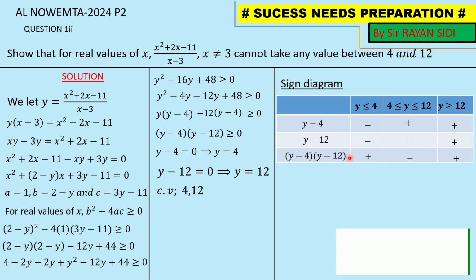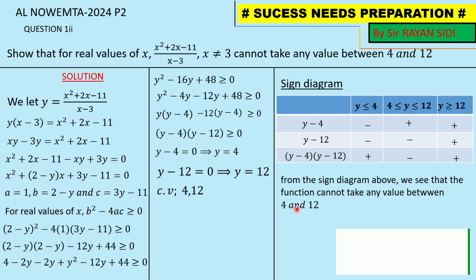So from our sign diagram, the function cannot take values between 4 and 12, simply because it has a negative sign, but the inequality is greater than 0, so it has to be positive. In turn, the range of this function is y less than or equal to 4 and y greater than or equal to 12, because it has positive ranges, and we are looking for what is greater than 0.